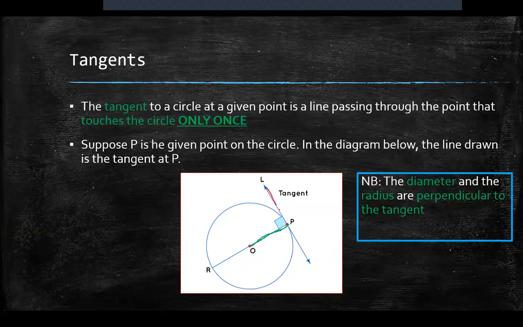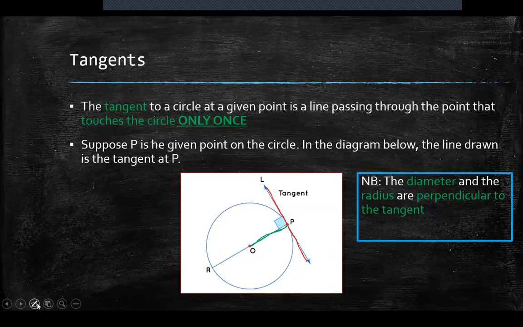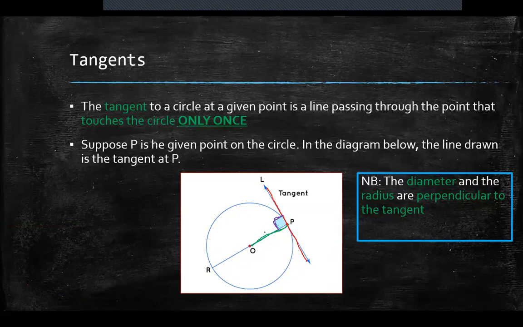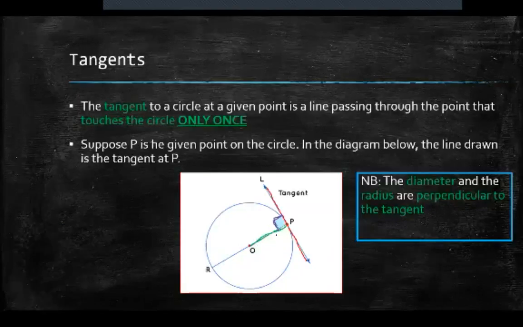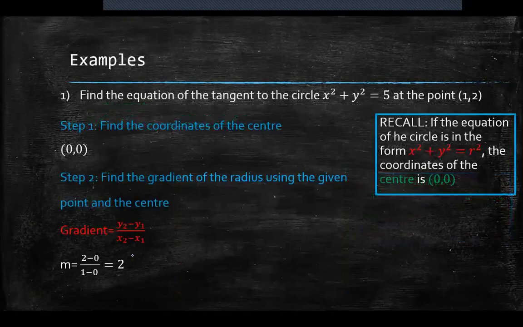This is a tangent in red. And you can see they are at right angles to each other. Let me not use blue. You might not see that properly. And they are right angles at each other, so that means that they're perpendicular. Everybody seen that they're perpendicular? Yes, miss. All right, just make sure.